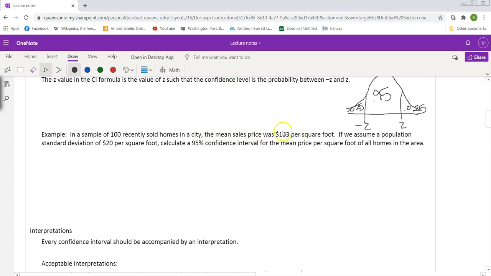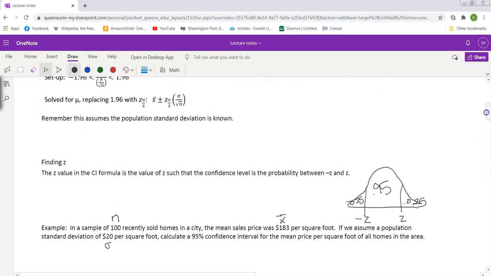So in this problem, 183 is based on this sample of 100 recently sold homes, so n is 100. 183 is x bar. The population standard deviation, sigma, is 20, and we want a 95% confidence interval.